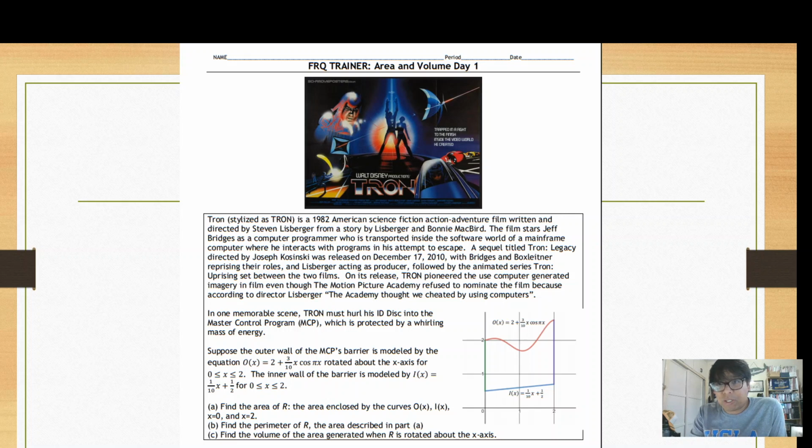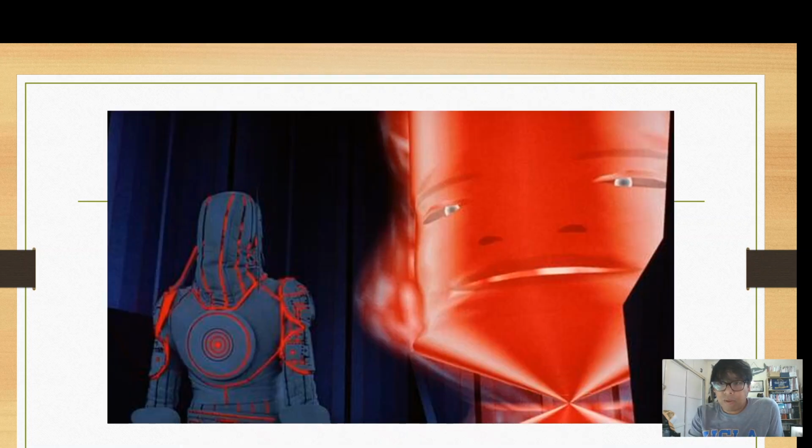This is what it actually looked like in the movie theaters. Yeah, that doesn't necessarily look great. I mean, the MCP, the red thing on the right, that is computer graphics. On the left, that is not computer graphics, although the red luminescent on his outfit was actually hand animated by the studio.